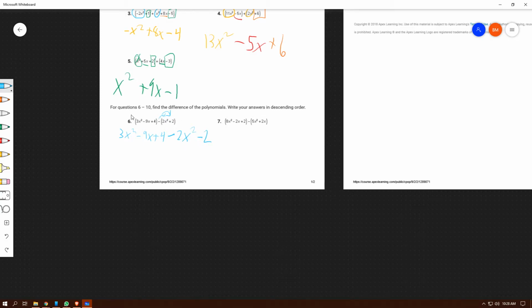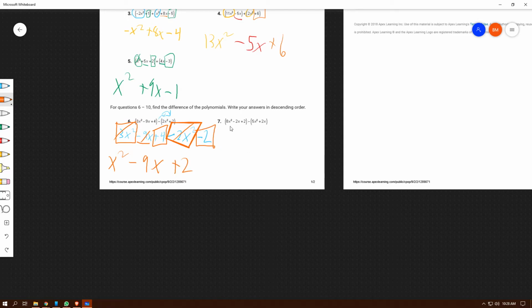So I always have to distribute the negative 1. That's very, very important. When you subtract, you have to distribute a negative 1, and then it goes back to the same rules. So I have 3x squared minus 2x squared. That's just going to be x squared. I have negative 9x, and that's it. I have a positive 4 and a negative 2, so that's a plus 2.